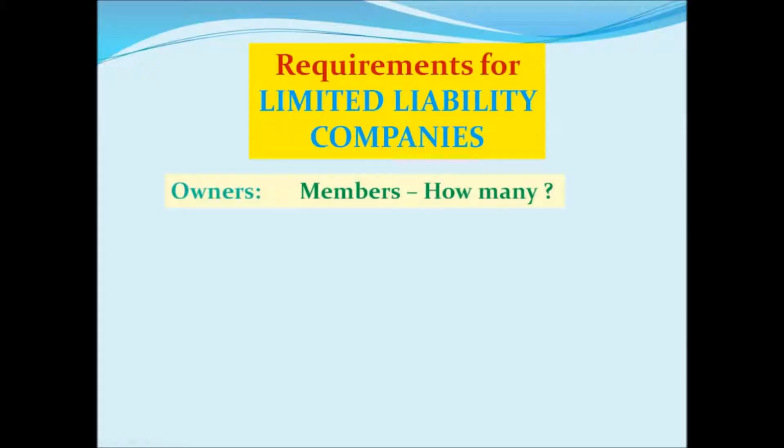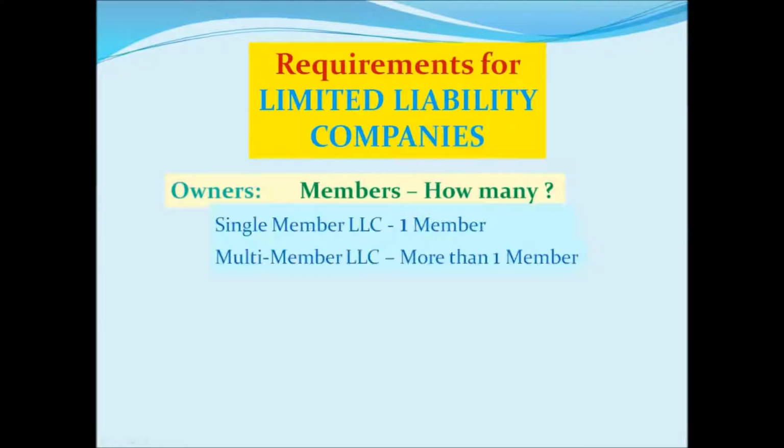A limited liability company only operates by owners owning and managing the company. So a limited liability company can be managed by either the owners or an outside general manager hired by the owners, and the owners are called members. So they're a good organization if you're not a single member LLC. There are two different types of members.